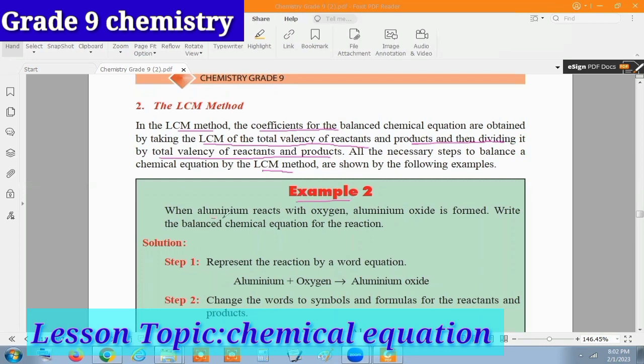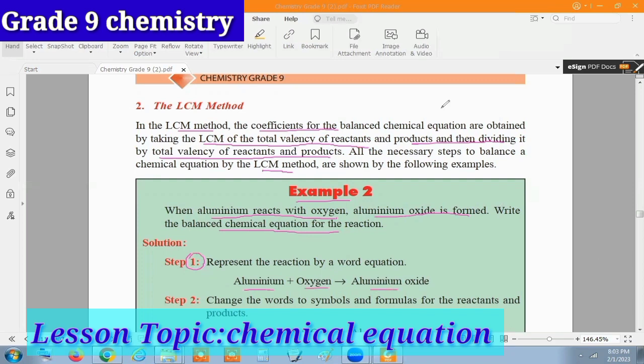When aluminum reacts with oxygen, aluminum oxide is formed. First of all, write the chemical equation. To write this, first we have to write the word equation, that is, aluminum reacts with oxygen to form aluminum oxide.